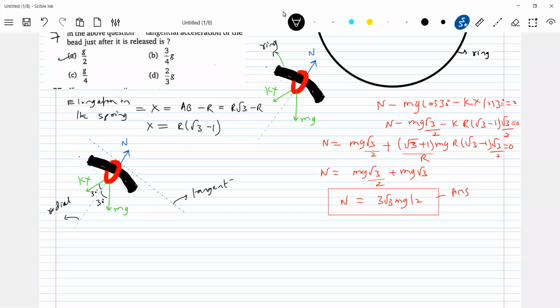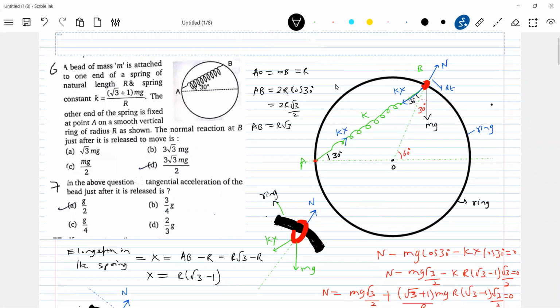So along this direction, the tangential acceleration AT should be equal to... AB, length of the chord from the circle. All of you know circle. What is the length of the chord? AB cos 30. AB should be equal to what? R into cos 30. This length is R. R cos 30.